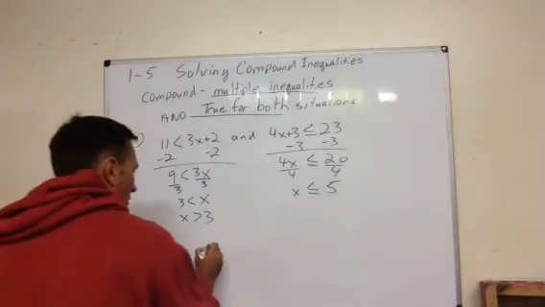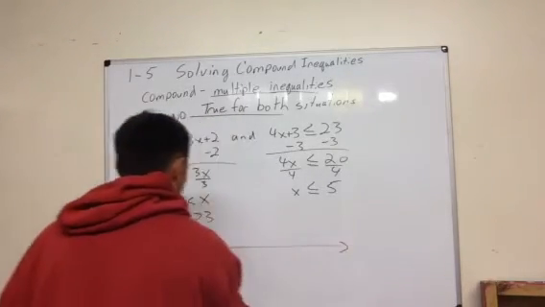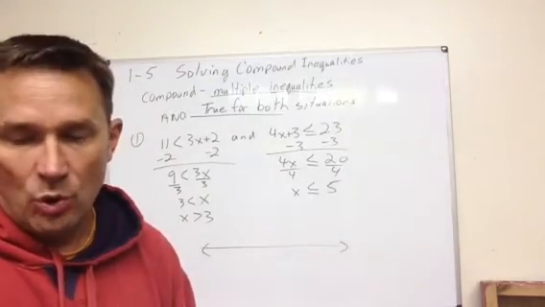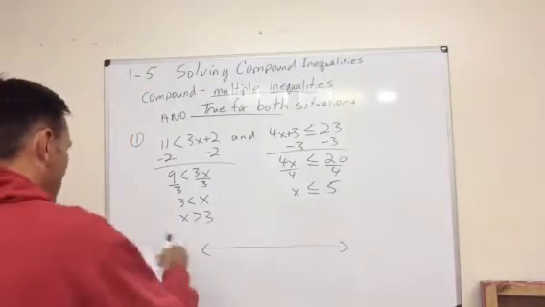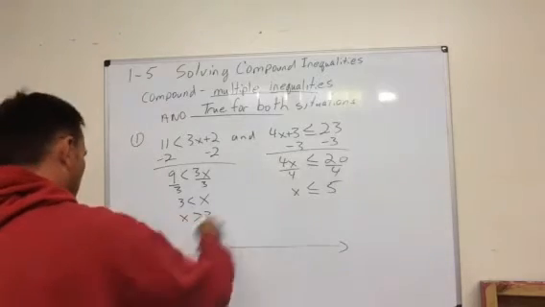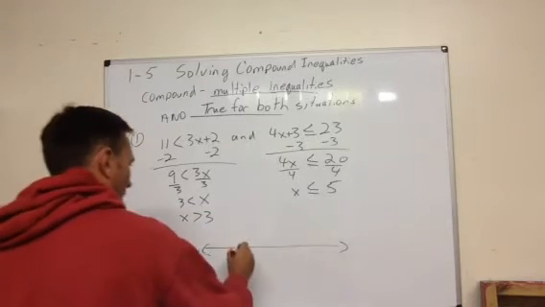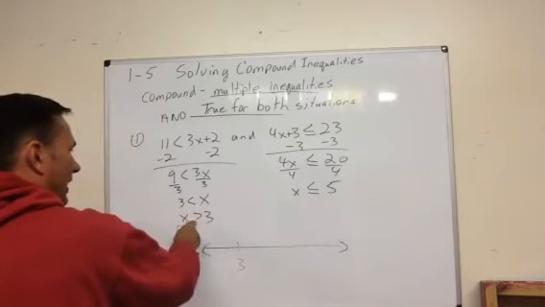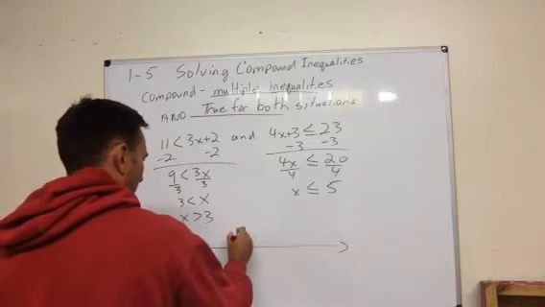Now, when we're looking to graph these on a number line, I'm going to do the one on the left in red, the one on the right in blue. So, I see I have a 3 here. So it says x greater than 3.